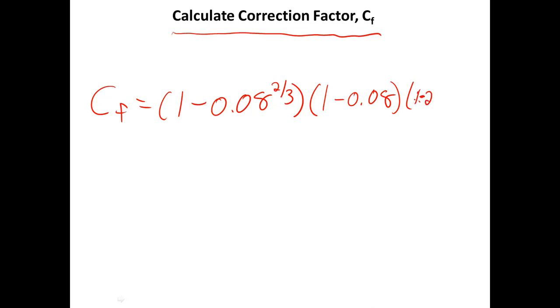The correction factor is equal to 1 minus 0.08 to the 2/3 power times the quantity 1 minus 0.08 times the quantity 1 minus 2.5 times 0.08.